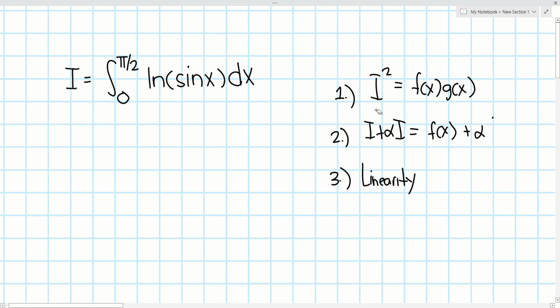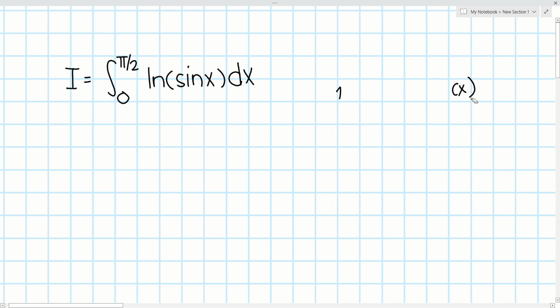So for example, suppose you have the integral of f of x dx from a to b, and it doesn't have an elementary antiderivative.